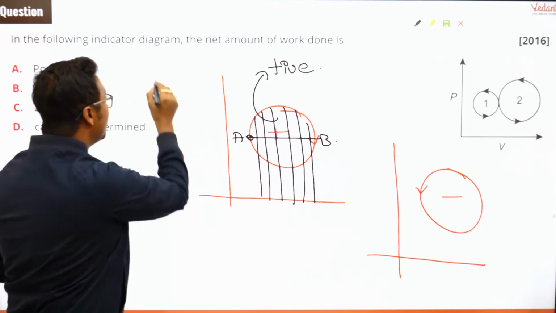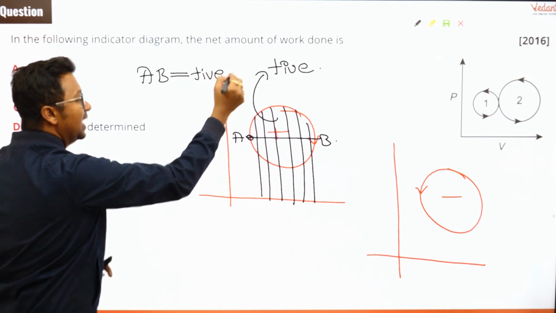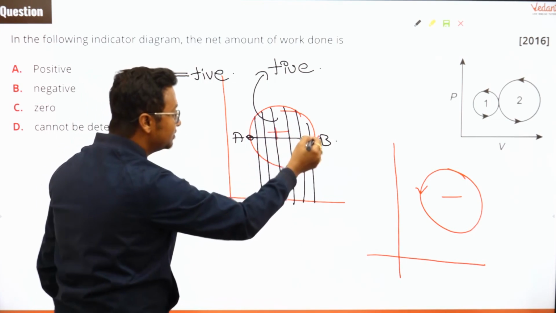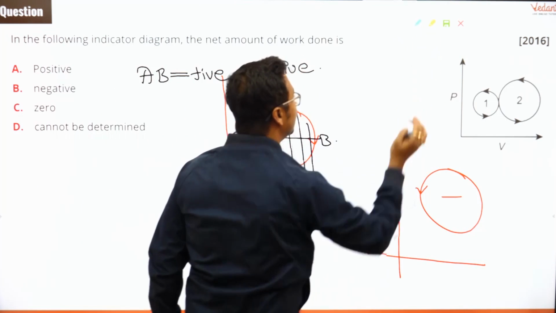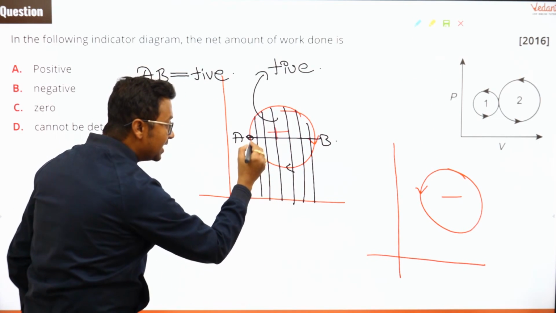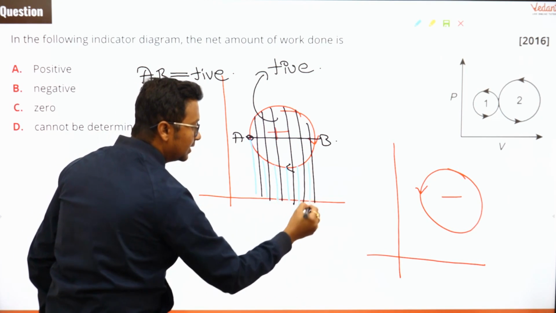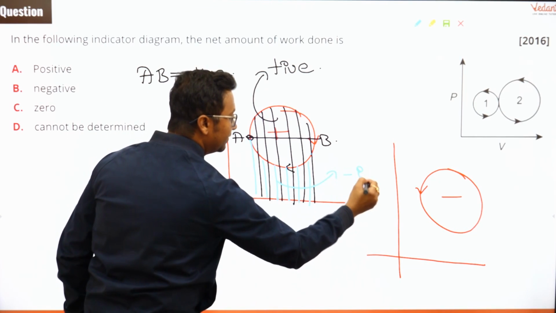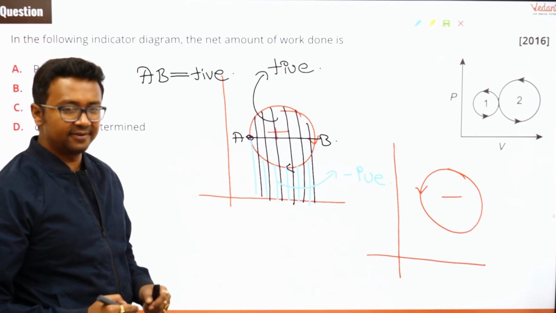While it goes from A to B, work done is positive. And while it comes from B to A, the area under that zone is negative.